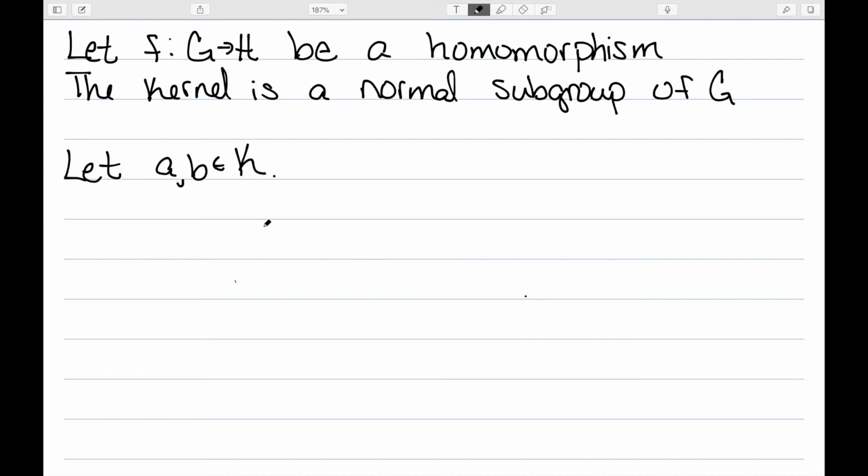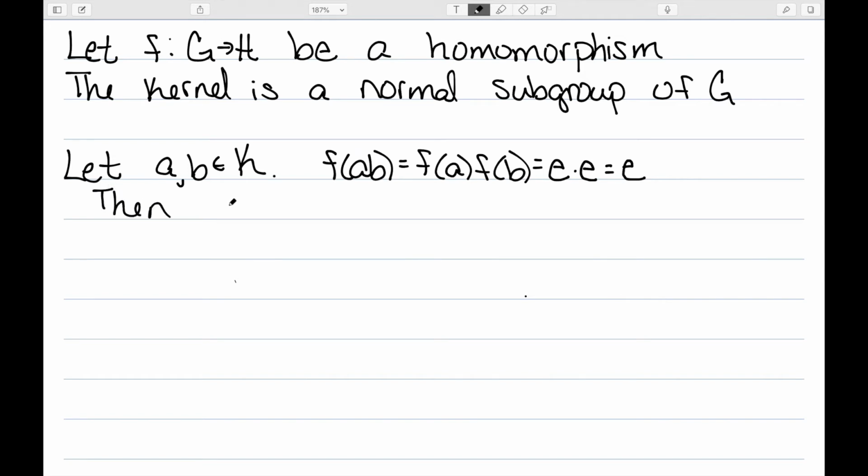Let's start with two elements in the kernel, A and B. Well then, f of AB, since this is a homomorphism, is f of A, f of B. Since A is in the kernel, we know that f of A is the identity. Same thing with B. B is in the kernel, so f of B is the identity. And the identity times the identity is the identity. So that tells me that AB is in the kernel. So it is closed under the group operation.